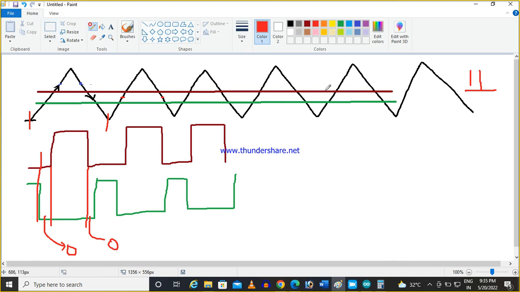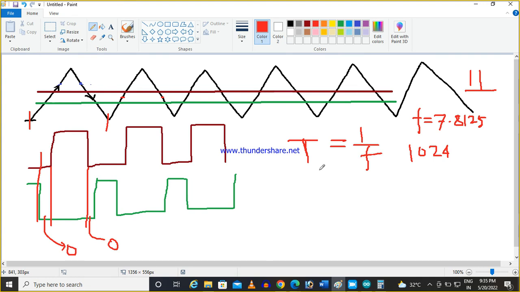So here F is 7.8125. So my period is 1 by F, that much. So this entire period is covered by how many counts? 1024 counts.